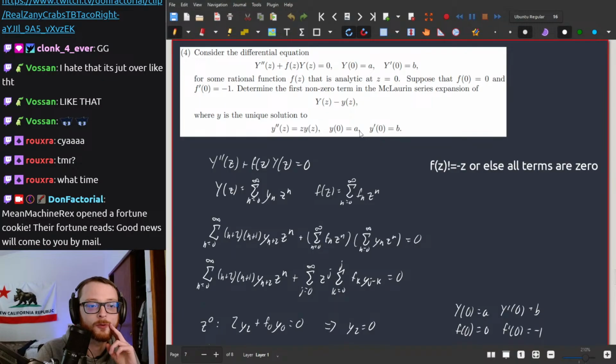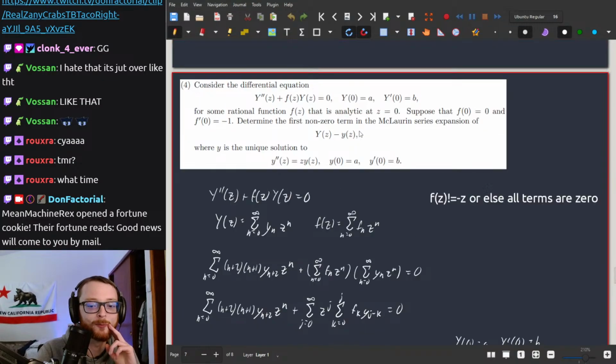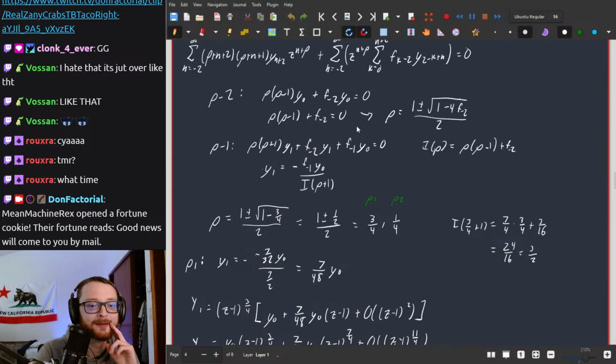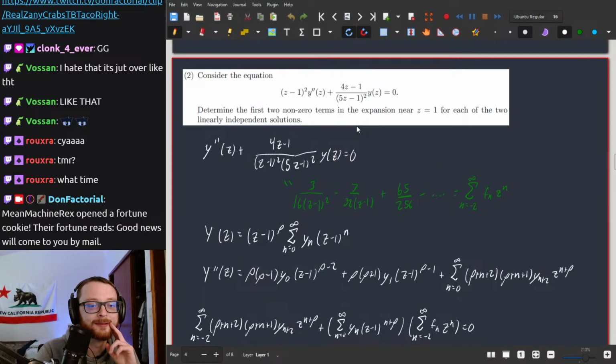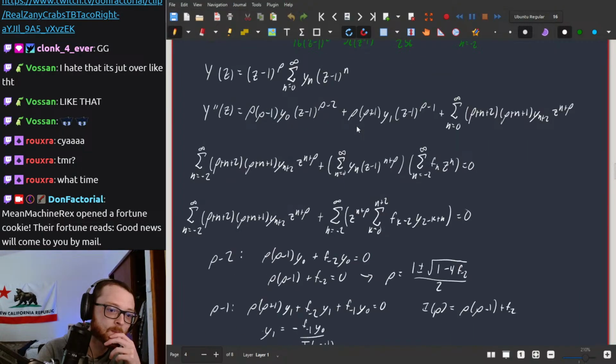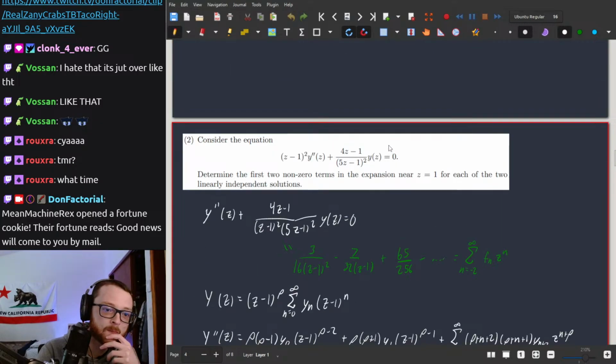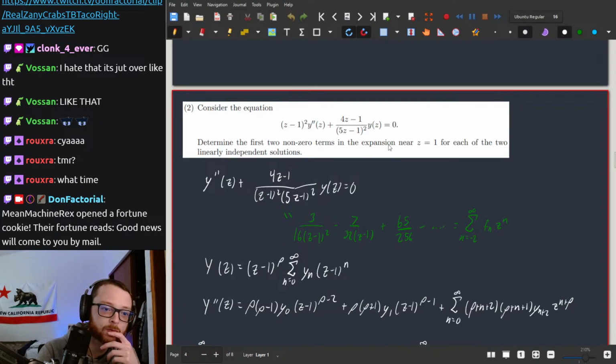I want to do all four of these problems, but I can't do all of them at once. First two non-zero terms.